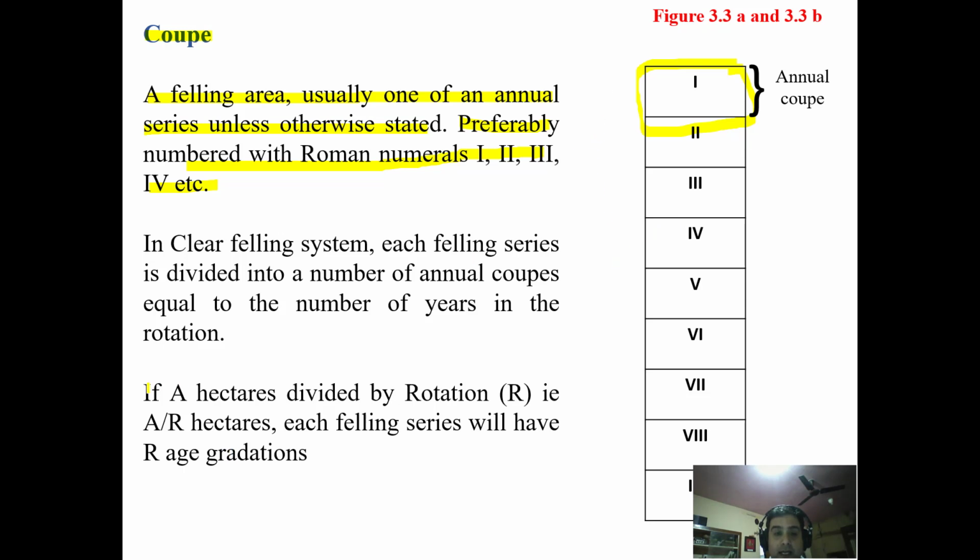Now, if we have area A hectares and a rotation of 10 years, we will divide the area A into 10 equal areas. That will be the area which will be occupied by one coop.